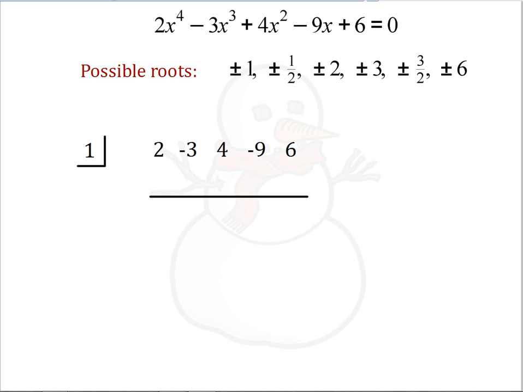So just like I said, pretty quickly, let's try out this positive 1. If I divide using synthetic division with a positive 1, I get a remainder of 0.